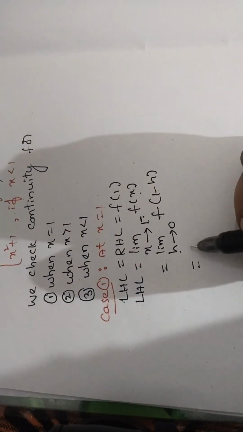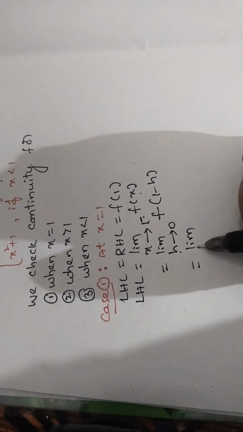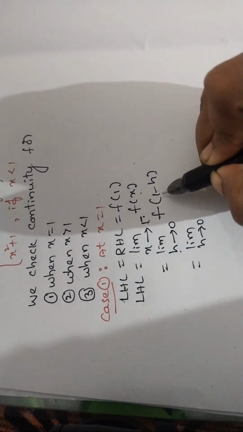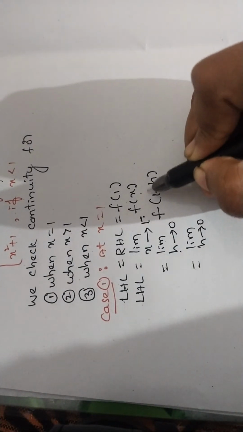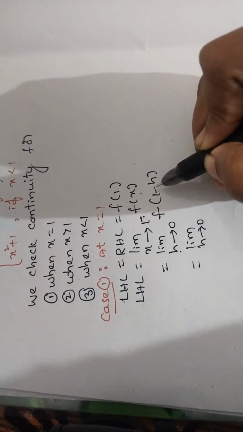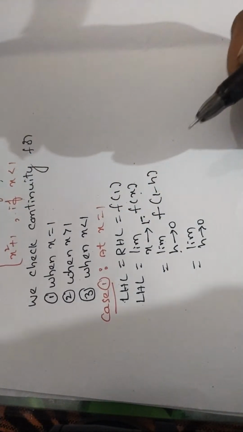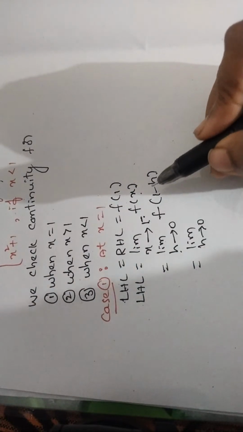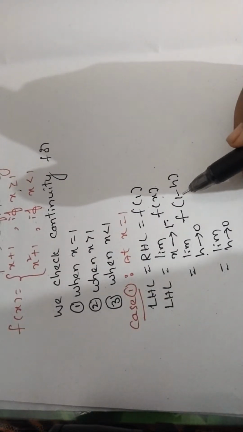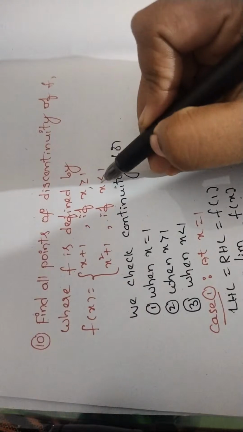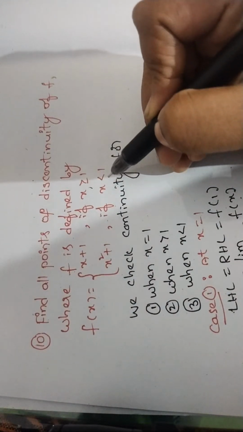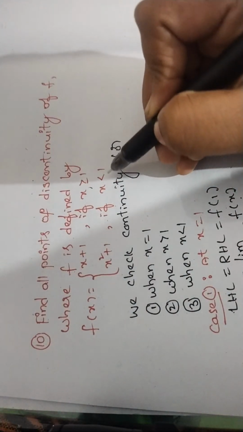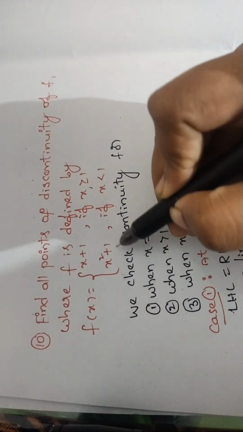Now we write the function. 1 minus means a value below 1, so x is less than 1. When x is less than 1, the function is x square plus 1.